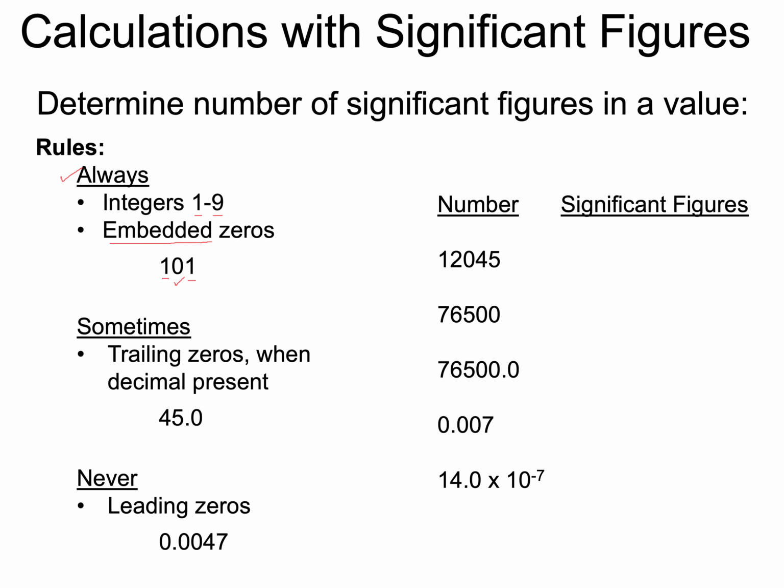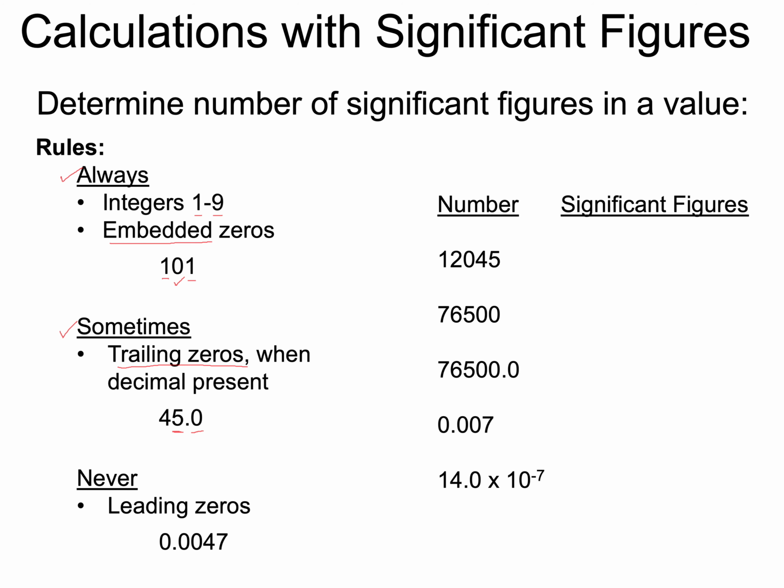There are numbers where sometimes the number is considered significant, and this particularly pertains to zeros. So another kind of zero, rather than an embedded zero, is a trailing zero. And a trailing zero is a zero behind the last integer in a number. So here's the last integer in this number, 45.0. That means that this zero behind that last integer is considered a trailing zero.